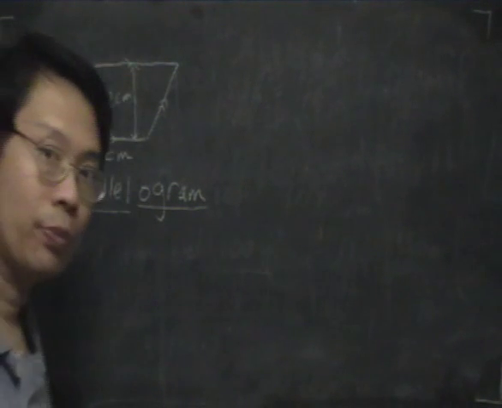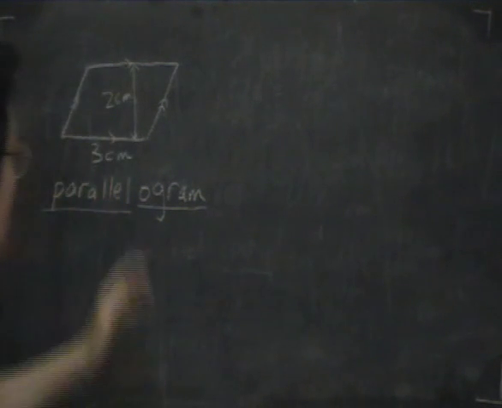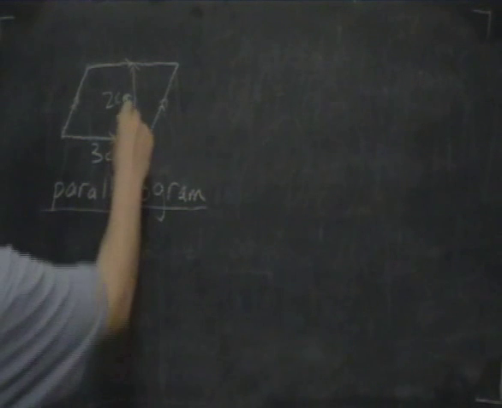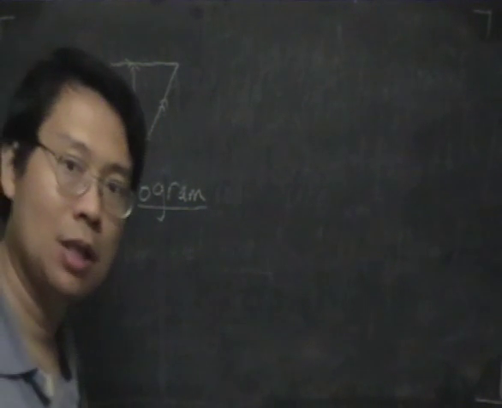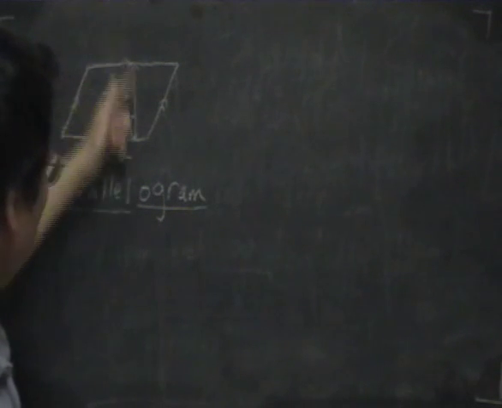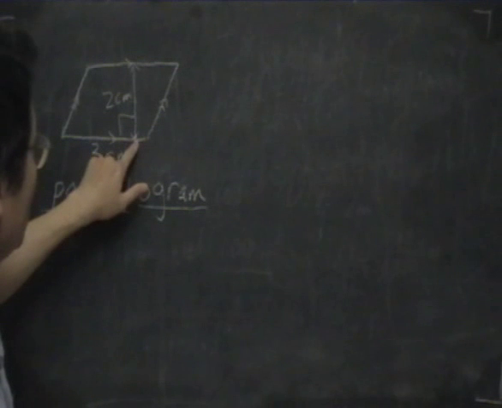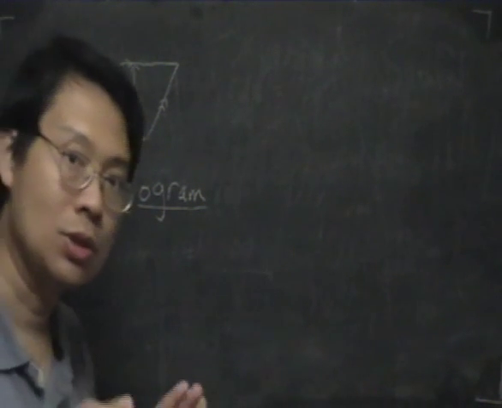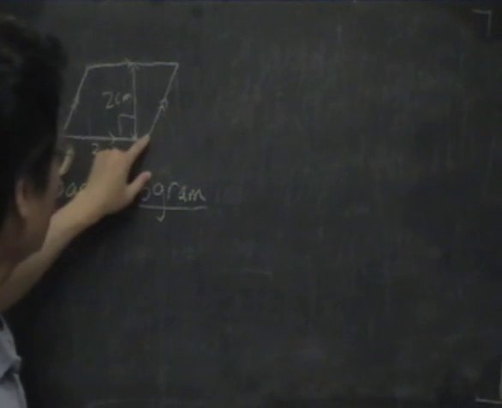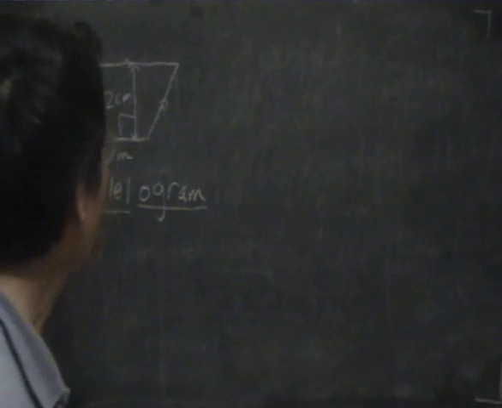Now the height, be careful, is the vertical height. That means you go straight up. So you would draw a line that is perpendicular, that is at 90 degrees to the base, from the base to the top, and the length of this distance is the height. You must not use the slanted height to find the area.